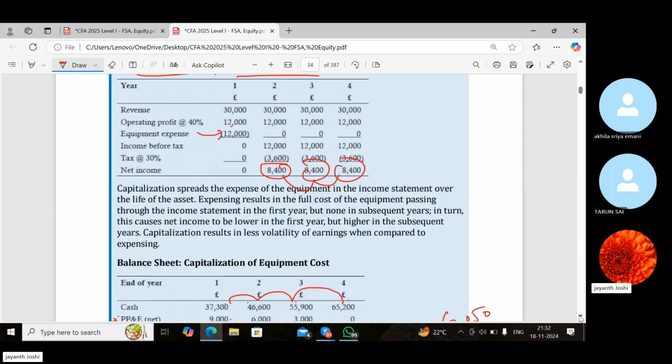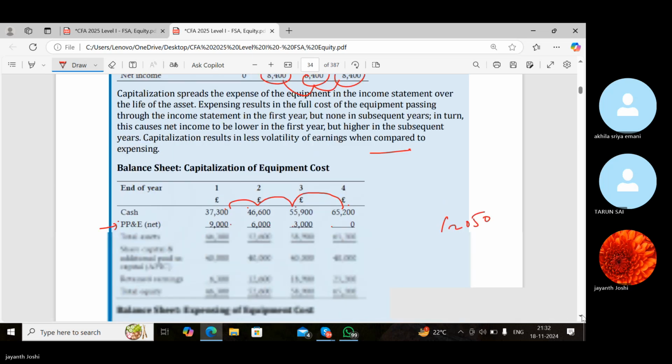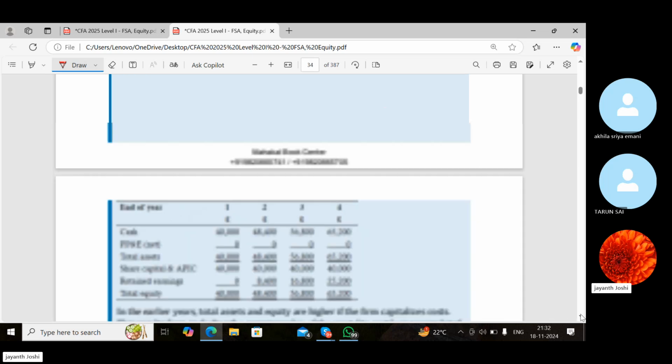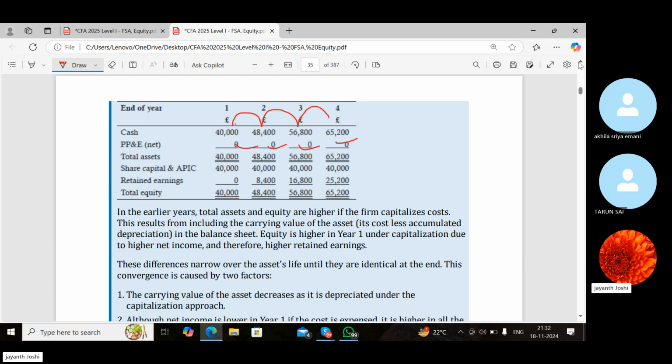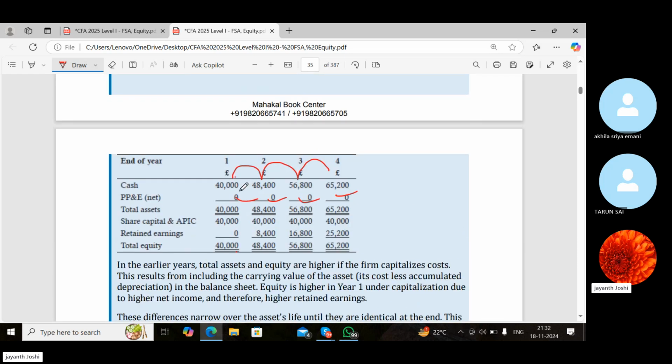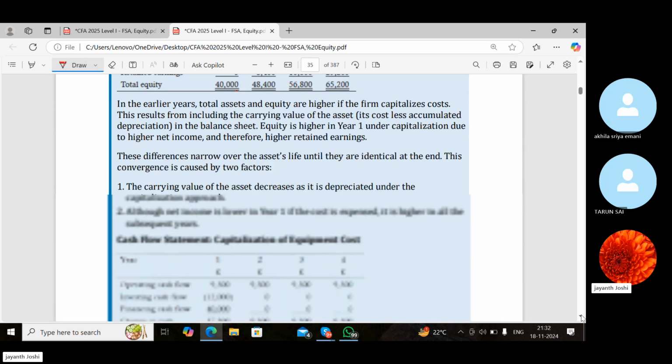In turn, this causes net income to be lower in the first year, but higher in the subsequent years. Capitalization results in less volatility of earnings when compared to expensing. And in expensing, we can check that every year there is an addition of 8,400. Fine. That is clear and evident.